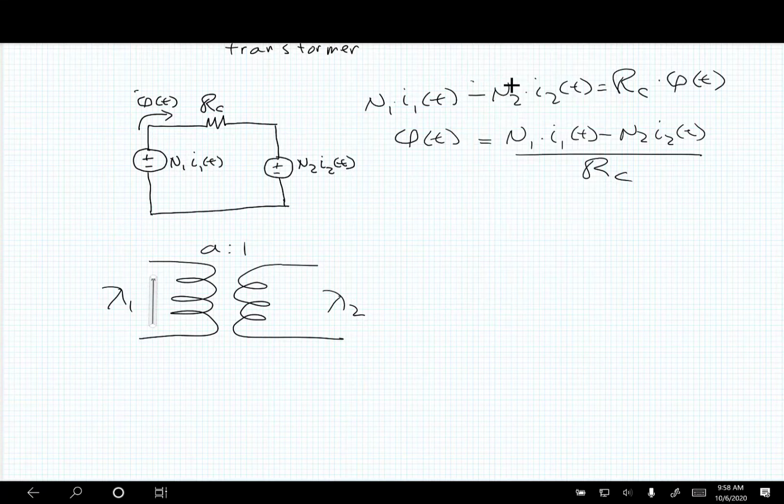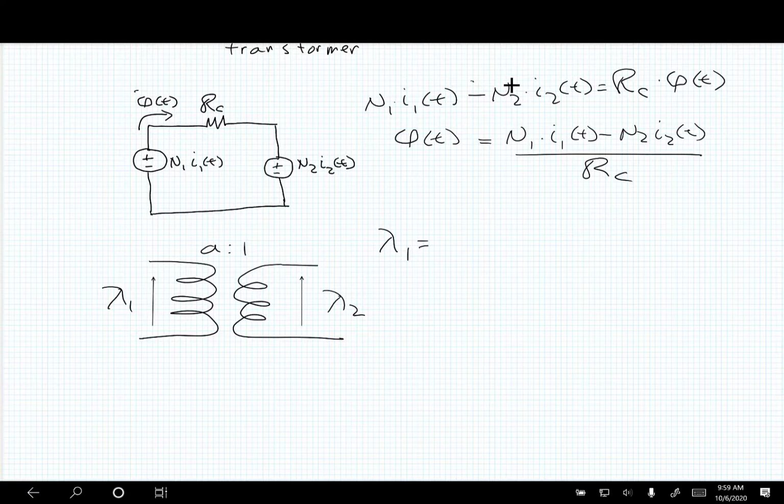Think of it in terms of applying a flux linkage. So lambda 1 is equal to this.